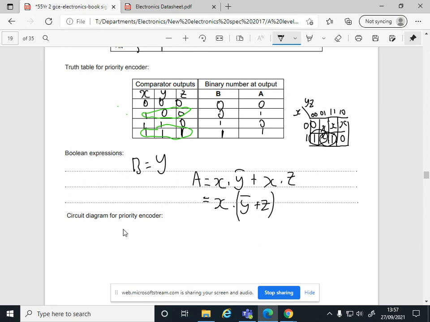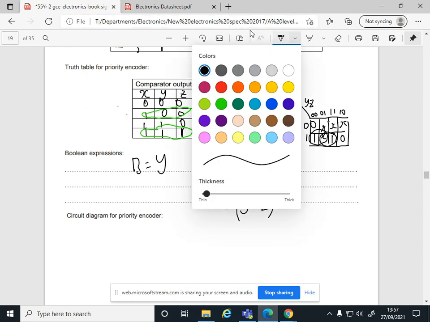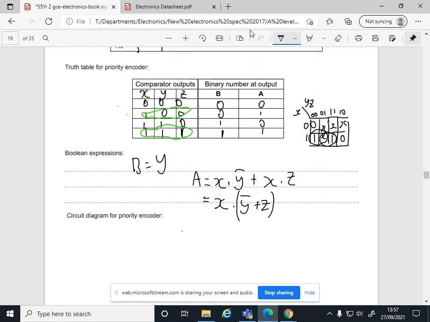Another way you could do this, before I sketch it as well, I'm going to do it in a different colour, is by looking at, again, the unique things. So I'm just going to try and do the unique one now. I can see that that is unique. That only happens there. So that is X and not Y. You may have seen I've already written that down. Or something that's unique that happens here.